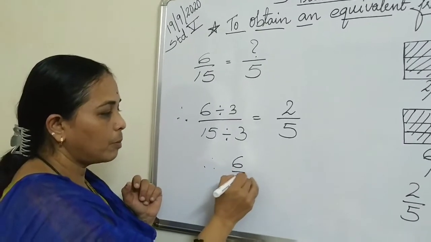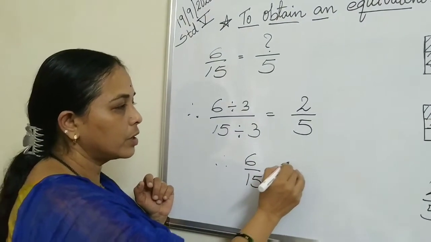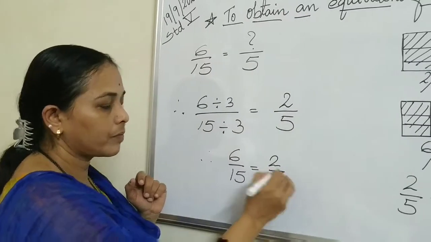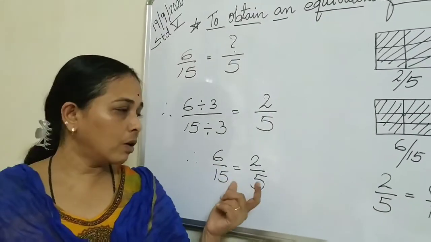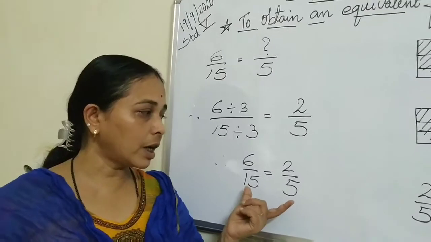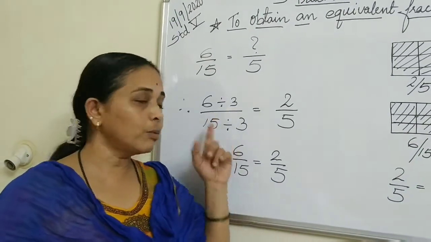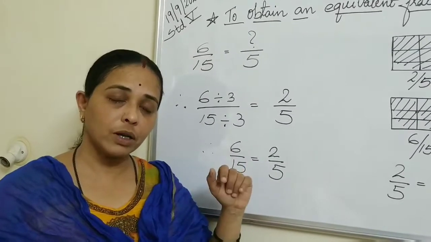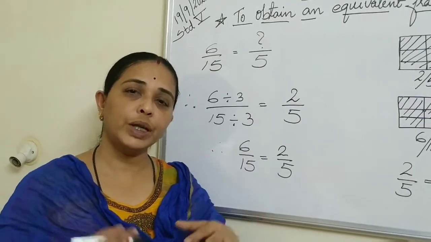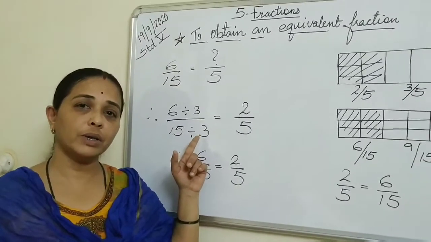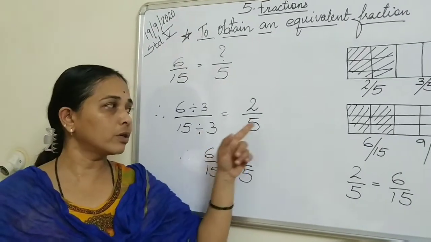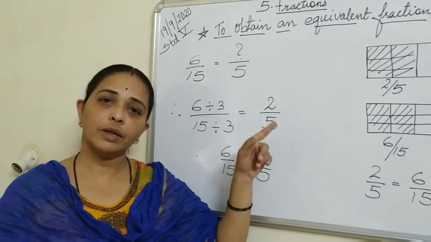Therefore 6 upon 15 is equal to 2 upon 5. So I hope you have understood that to get an equivalent fraction we have to either multiply the numerator and denominator by the same number, or divide the numerator and denominator by the same number.